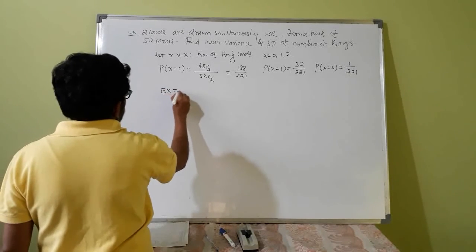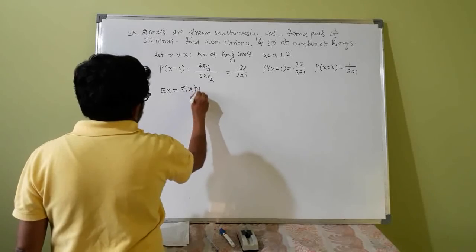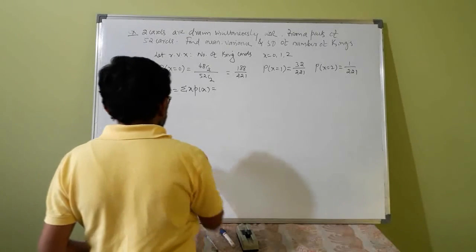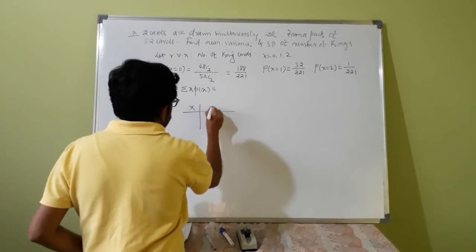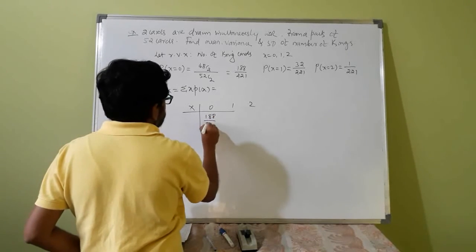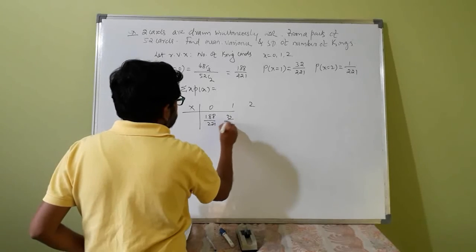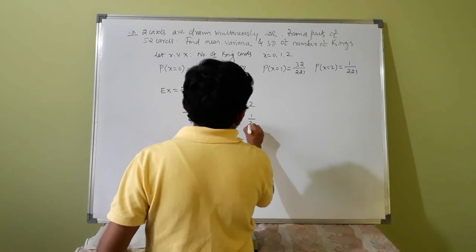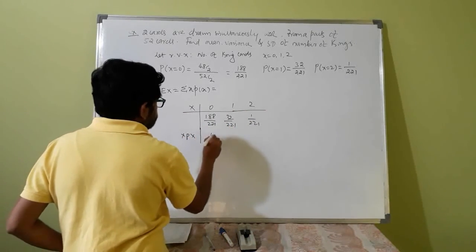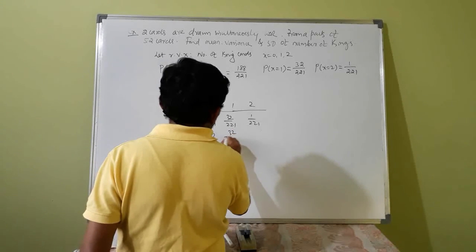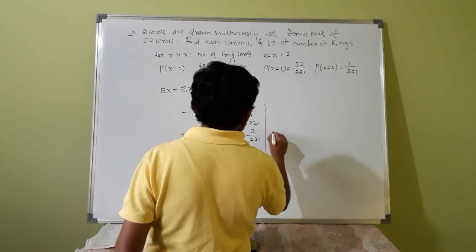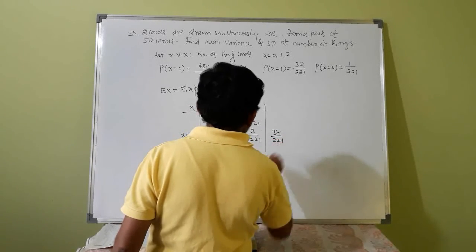Expectation of x is x into p(x), that is, see here, x 0, 1, 2, with 188 by 221, 32 by 221, 1 by 221. Okay, x p(x) is 0, 32 by 221, 2 by 221. The sum is 34 by 221.